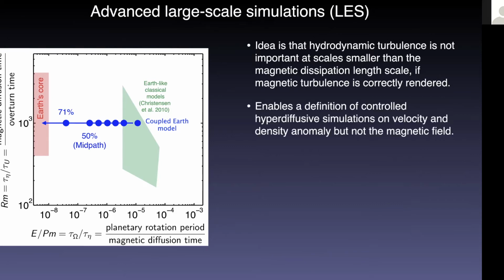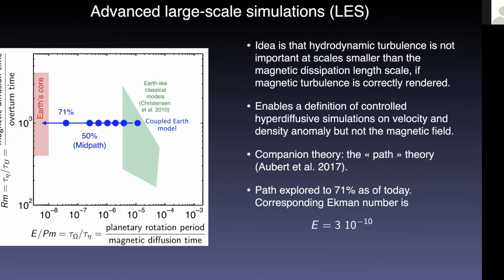So this could enable a definition of controlled hyperdiffusive simulations. And there was a companion theory, which was called the path theory, because the simulations draw a path on this parameter space towards the Earth-core condition. And as of today, the path has been explored to 71%, so nearing Earth-core conditions. And the corresponding Ekman number at large scales is 3 times 10 to the minus 10.